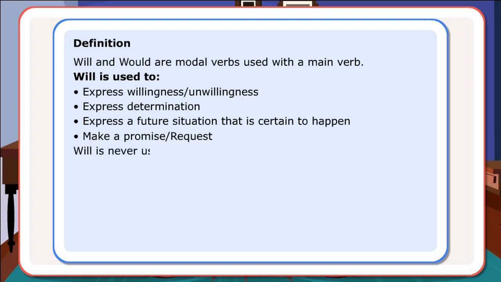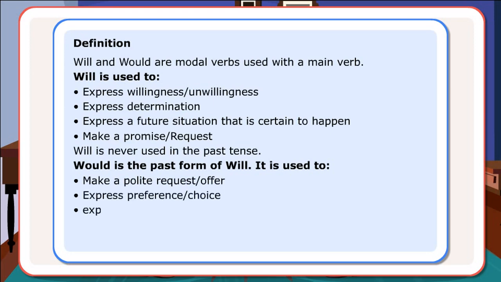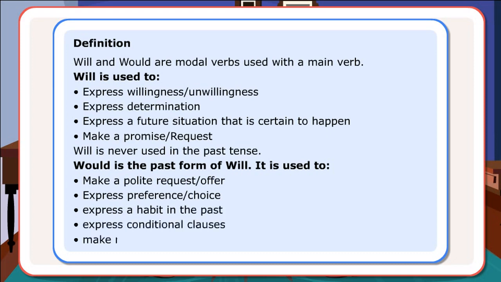Will is never used in the past tense. Would is the past form of will. It is used to make a polite request or offer, express preference or choice, express a habit in the past, express conditional clauses, make reported speech.